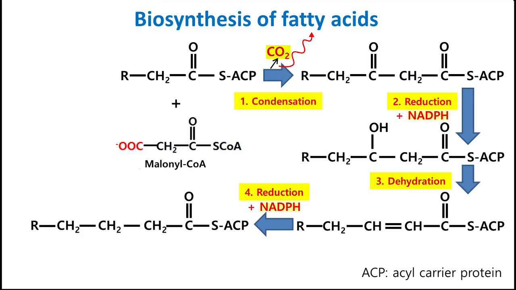Each reduction step consumes NADPH, the electron carrier. The carbon goes from oxidized CO, to a more reduced hydroxyl, then a CC double bond, and finally fully reduced CH2 hydrocarbon chains are produced.